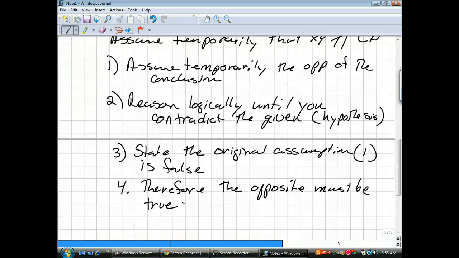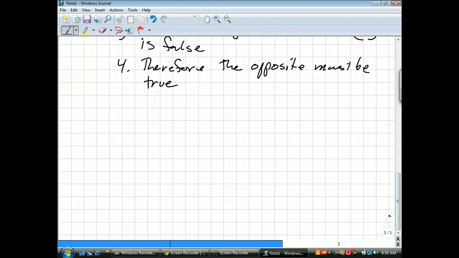Okay? So let's go through a whole proof. Okay?